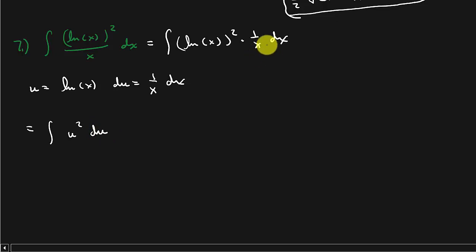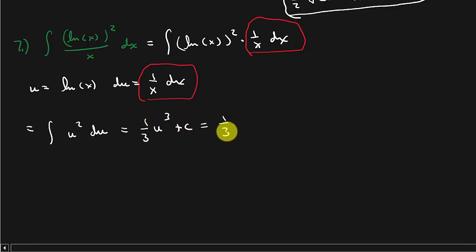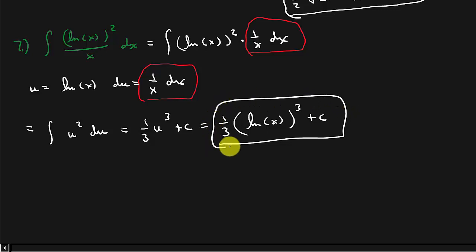So what we did here is, I replaced the 1 over x dx with du, and replaced natural log x with u. And so this is going to be u cubed, and then times the 1/3 plus c. So this is going to be 1/3 natural log x cubed plus c. And there's your answer.